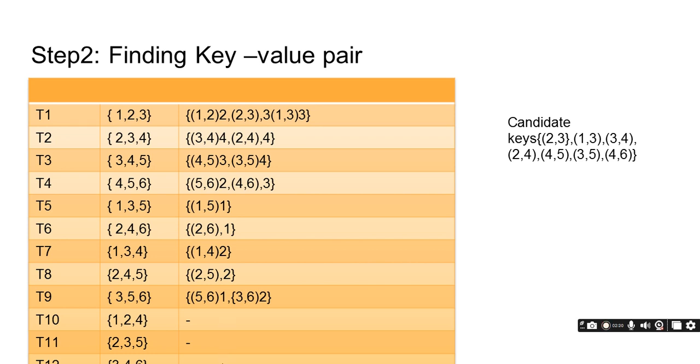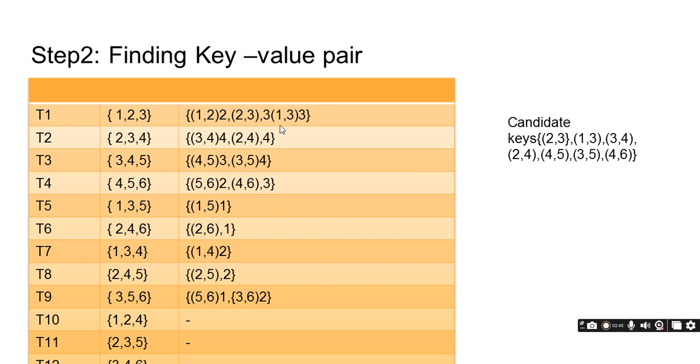Now, the threshold value was 3, and that is why only those pairs which have a count of 3 or above should be considered. That is why the candidate keys that we make over here will be 2 3, 1 3, 3 4, 2 4, 4 5, 3 5 and 4 6.